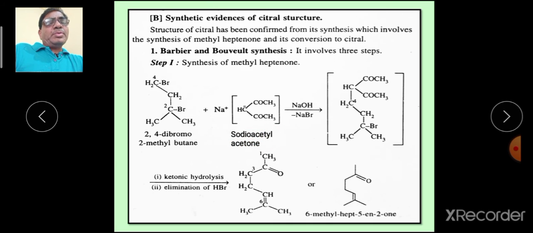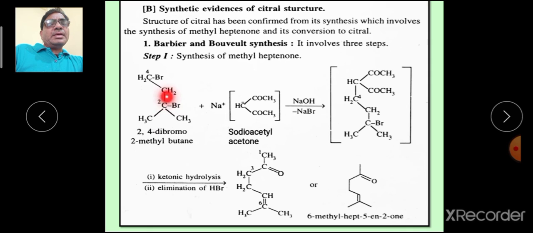Elimination of sodium bromide takes place. Look here, this is a CH3, and this Br, NaBr is eliminated, forming this product. The ketonic hydrolysis of this forms the ketone. Thus methylheptenone is formed.